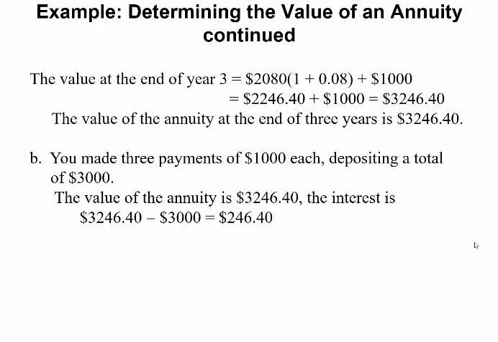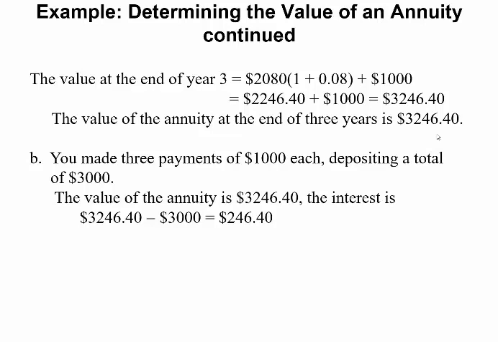Then as you go to year three, you take that $2,080 and you get another 8% interest on it, and then you deposit another $1,000. So this times the 1.08 gives you this much money, plus the $1,000 you put in at the end of the year. So the value of this annuity, when you sum those up, is $3,246.40.